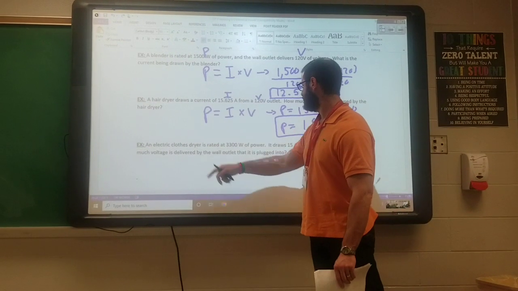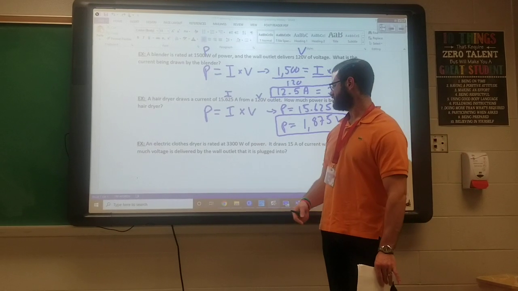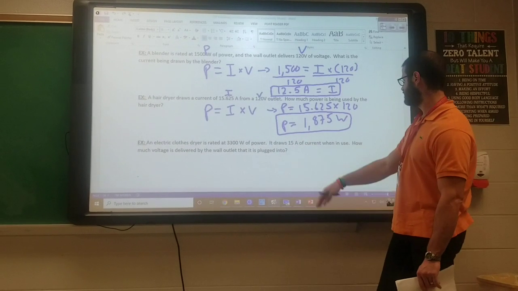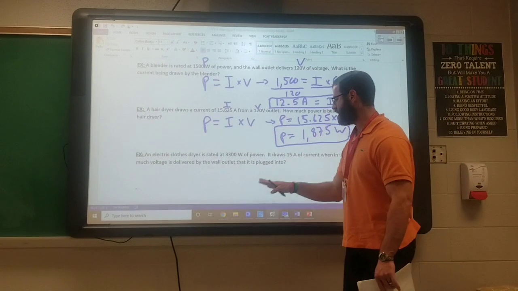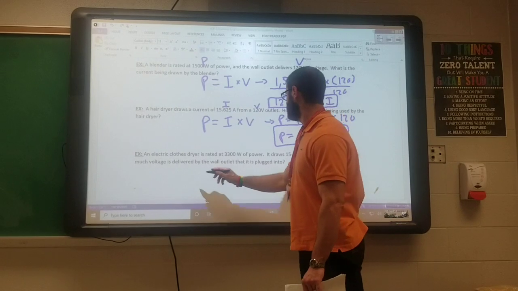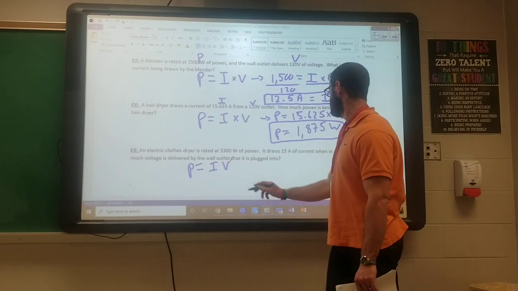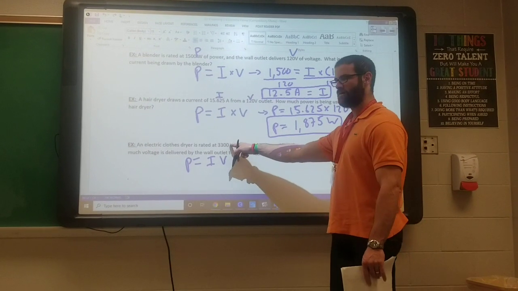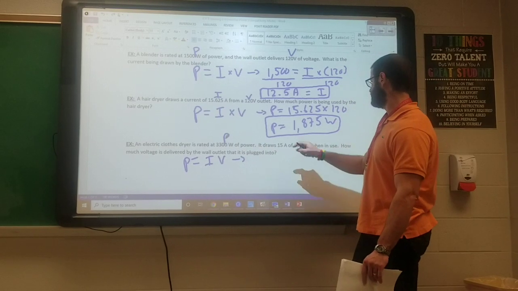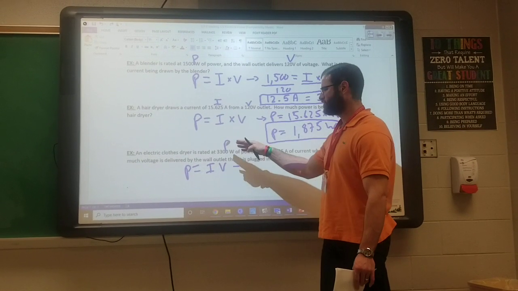One last one says an electric clothes dryer is rated at 3,300 watts of power. It draws 15 amps of current when in use. How much voltage is delivered by the wall outlet that it is plugged into? Again, we start with P equals I times V. Power we already have: 3,300 watts. We pay attention to the units so we know which quantities we have.